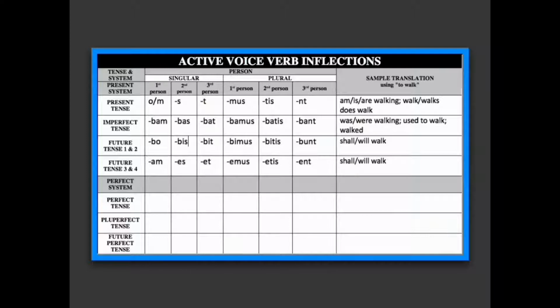Now that you're looking at this chart with all of the rest of the endings on it, you might begin to feel a bit overwhelmed as to how you're going to remember everything. So in this part of the lesson, I want to talk about some things that you need to notice which will make remembering all of the different endings much easier for you.